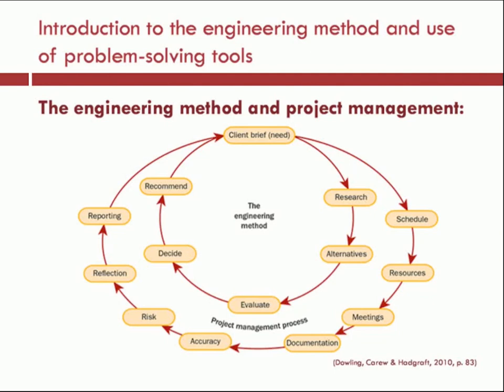We've now spent some time on the eight elements of the project management process, and we've highlighted those here on the slide: scheduling, resources, meetings, documentation, the time accuracy trade-off, issues associated with risk, some personal and team reflection, and ultimately reporting through to our client itself.